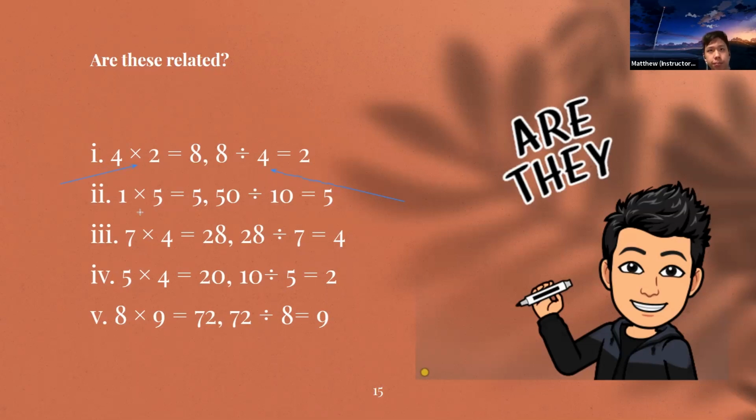Congratulations, Jamie, you're right. Well, this equals 5. This one also equals 5. It's 1 times 5 is 5. 50 divided by 10 is 5. Are these two related?